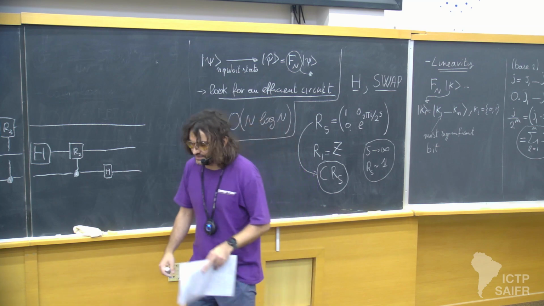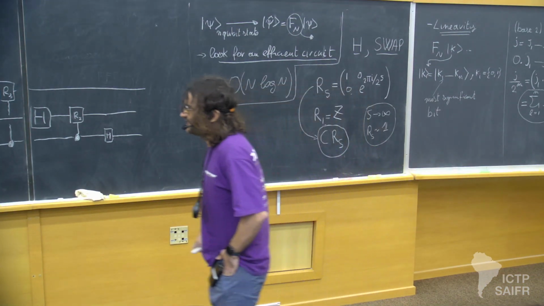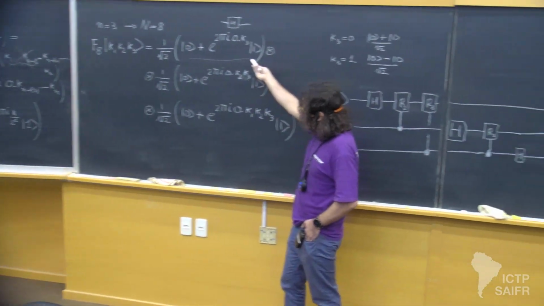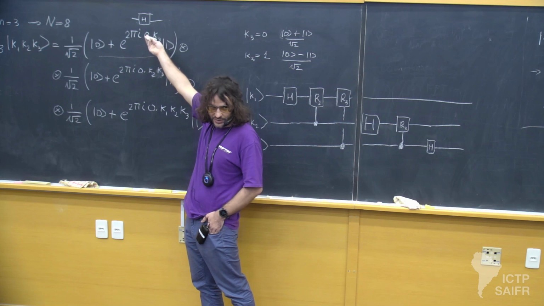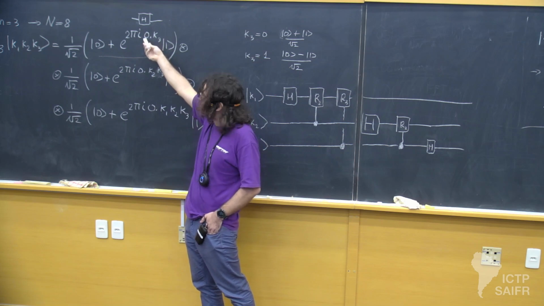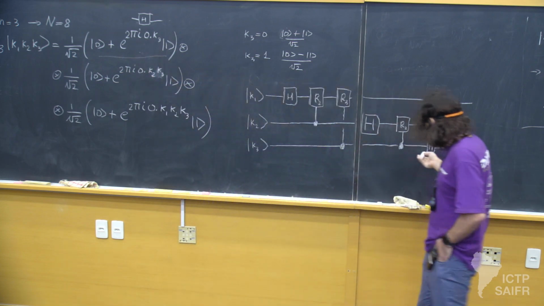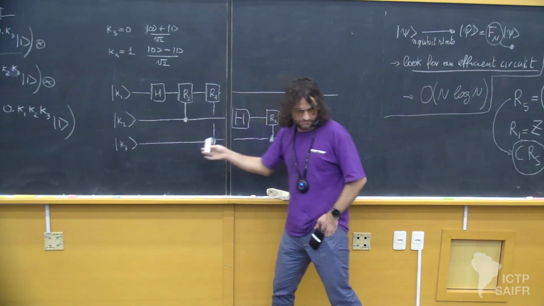Okay, so let's restart. Here you see that there is a qubit that, depending on the initial value of K3, must put a plus sign or a minus sign. So this is definitely a Hadamard acting on K3, right?